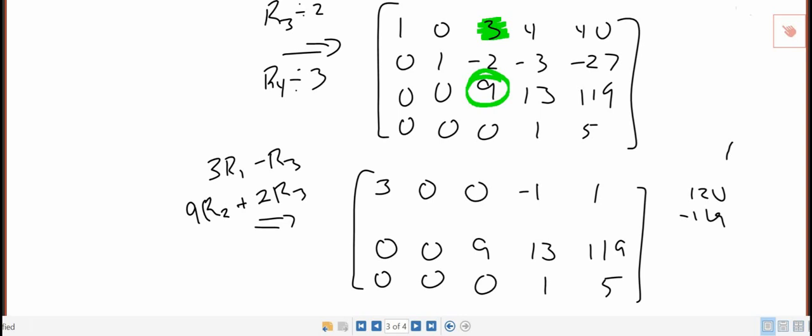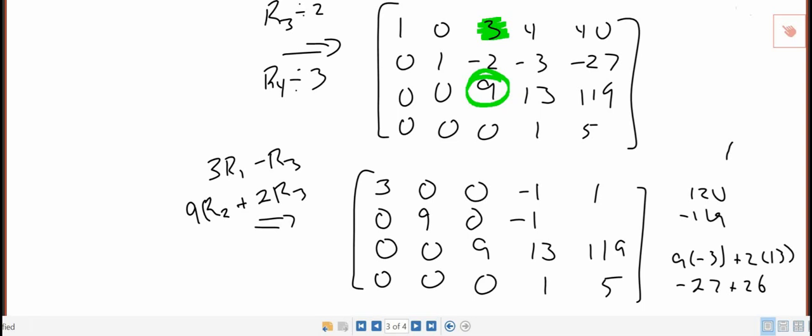So 9 times 0 plus 2 times 0 is 0. 9 times 1 plus 2 times 0 is 9. 9 times negative 2 is negative 18, plus 2 times 9 is 18, would be 0. Then we'll have 9 times negative 3 plus 2 times 13. So that's negative 27 plus 26. That'd be negative 1.